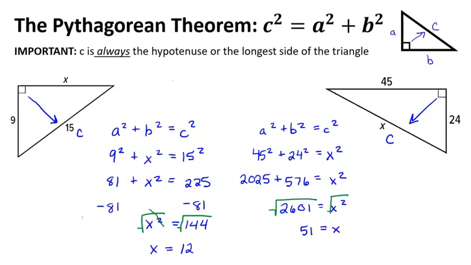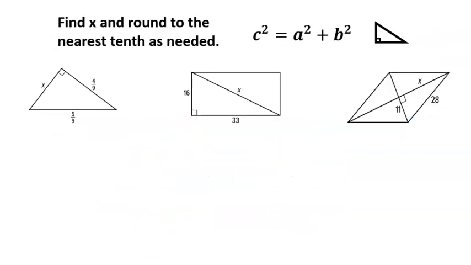All right, let's try some more. Okay, so the first thing I do is label my c. If it helps you, put that on your reference sheet right when you get it, just to kind of help remind yourself. And here we go. We've got a squared plus b squared equals c squared.